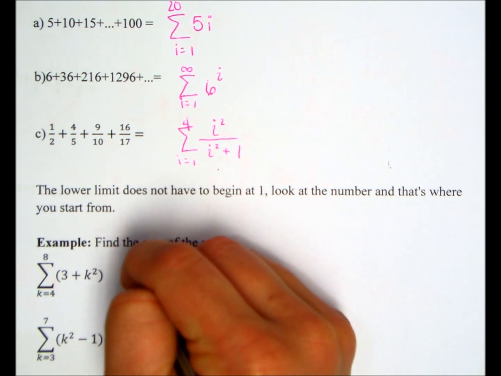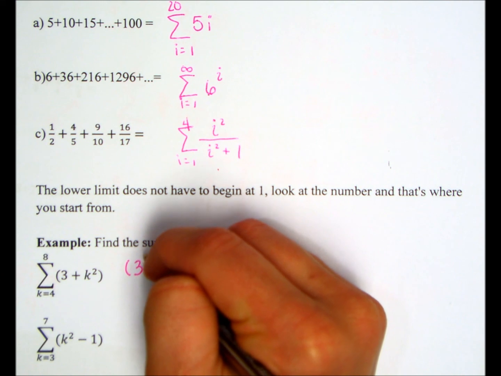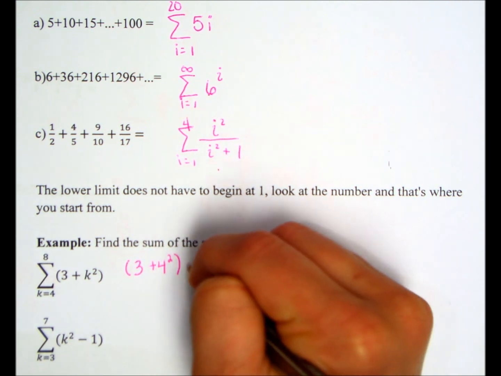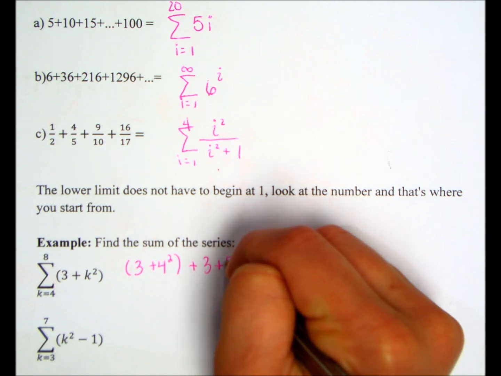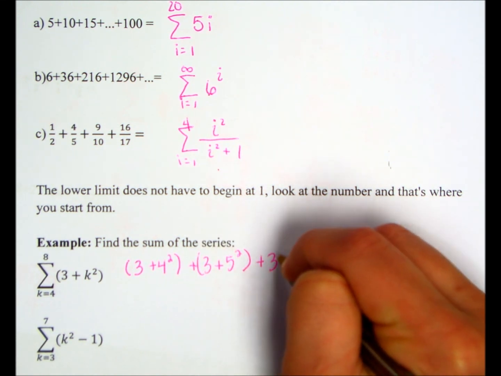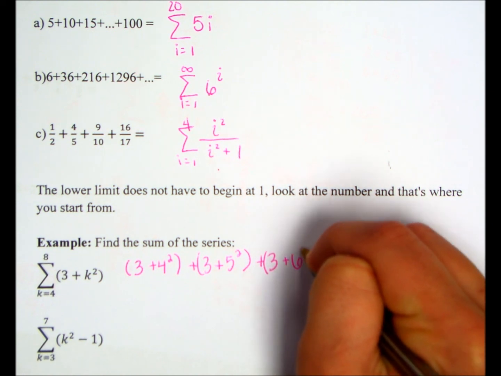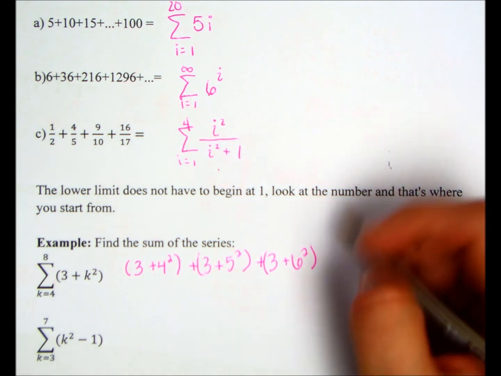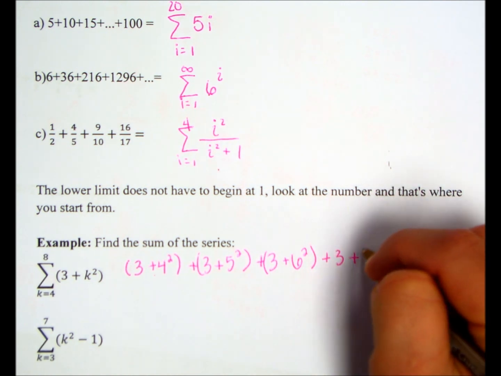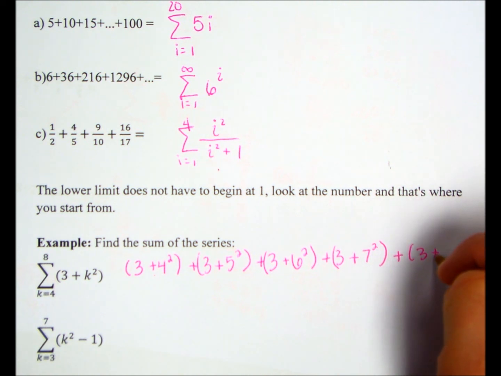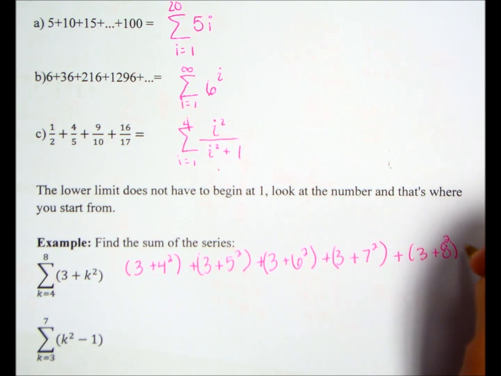So here, all I'm going to do is plug 4 in for k. So it's going to be 3 plus 4 squared plus 3 plus 5 squared plus 3 plus 6 squared. So this is my 4th term, my 5th term, my 6th. 3 plus 7 squared, and one more to give me 3 plus 8 squared.